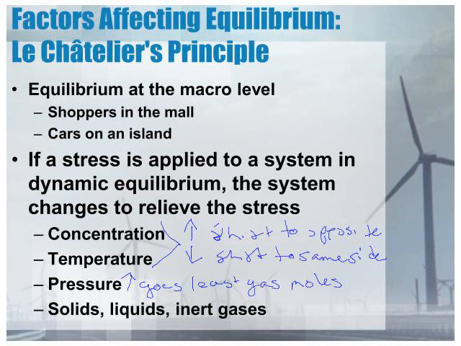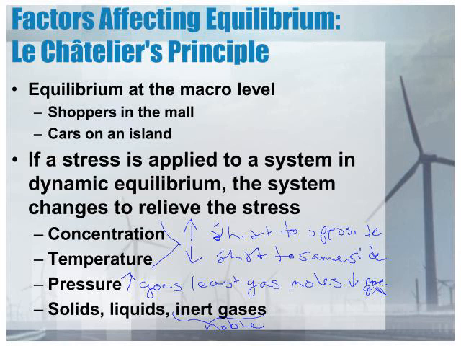If you decrease your pressure, it's going to go to the side with more gas moles, based on the coefficients, adding the sides together. If you have a true solid, a true liquid, or an inert gas, which is your noble gases, then adding them to a reaction does absolutely nothing to the reaction.